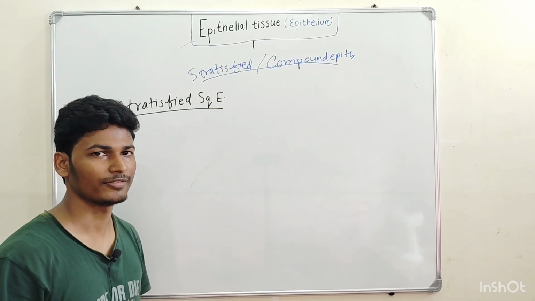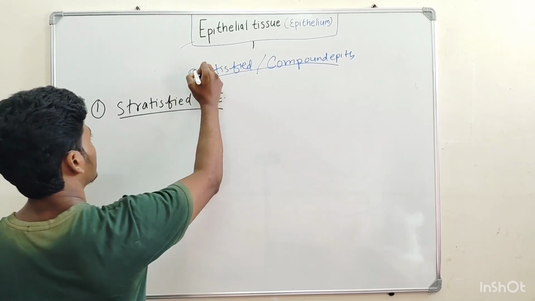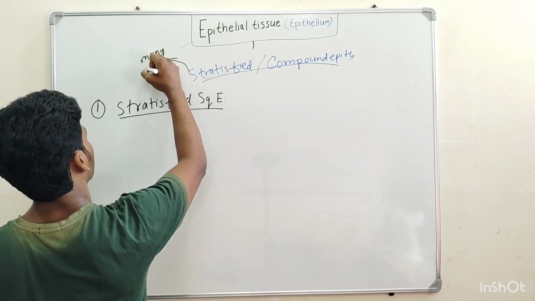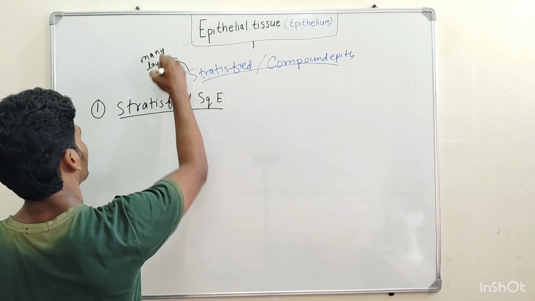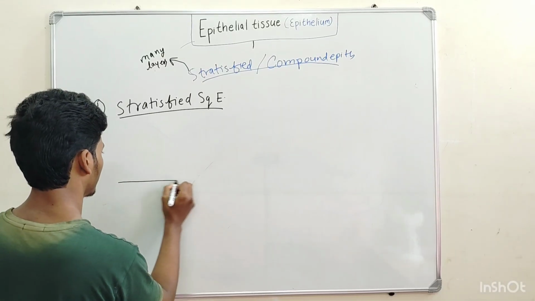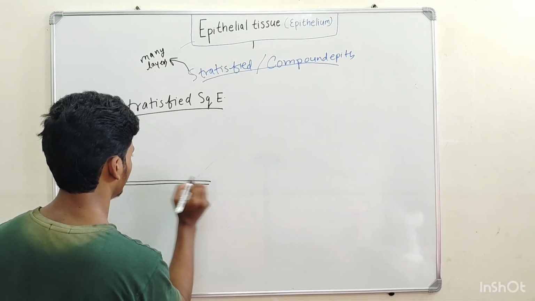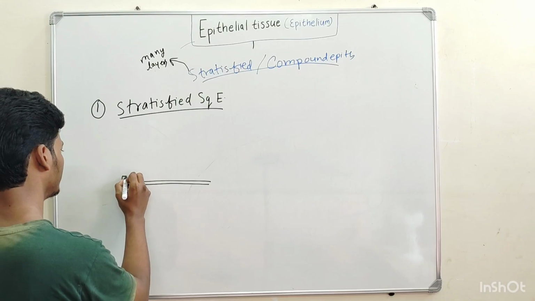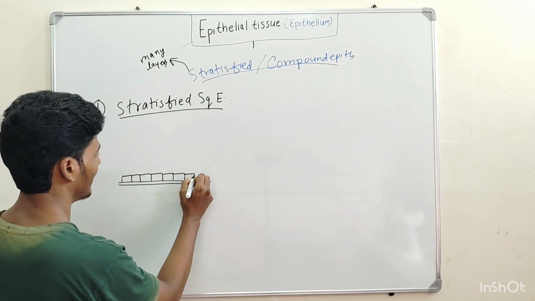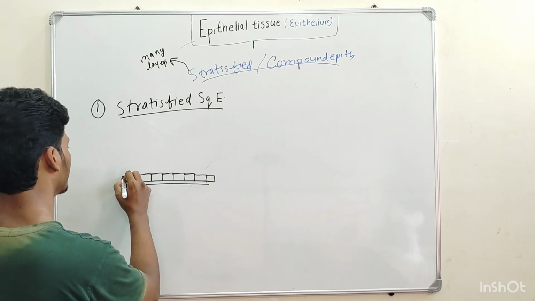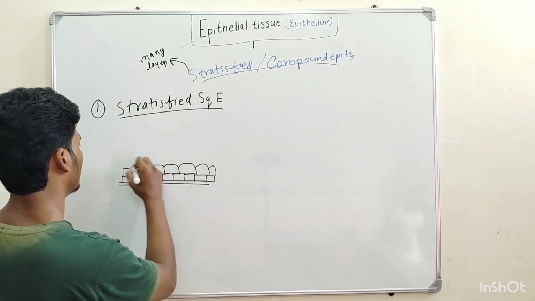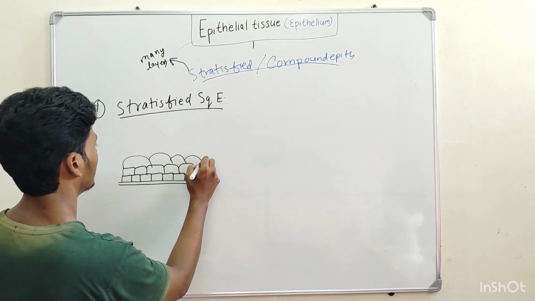It is not very different. It just has many layers, or you can say multiple layers. In the stratified squamous epithelium, what will you see? You see that not all cells are lying on the basement membrane, because some cells are present on the other cells.